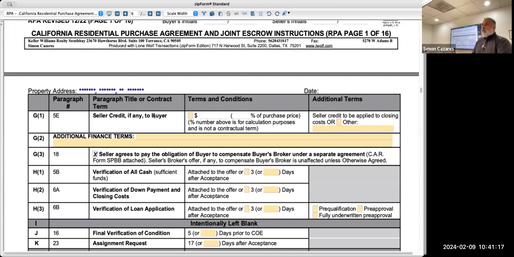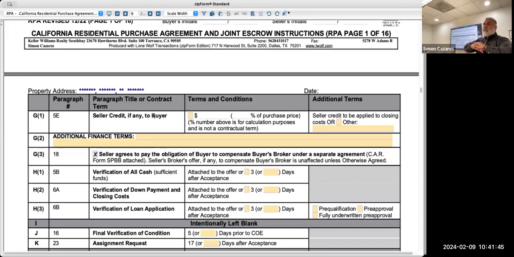Sellers are questioning: why are we as sellers paying compensation to a buyer's agent when they're not representing us? That's their thought process, and this is where it opened a can of worms. This is why we got into this crazy class action lawsuit.